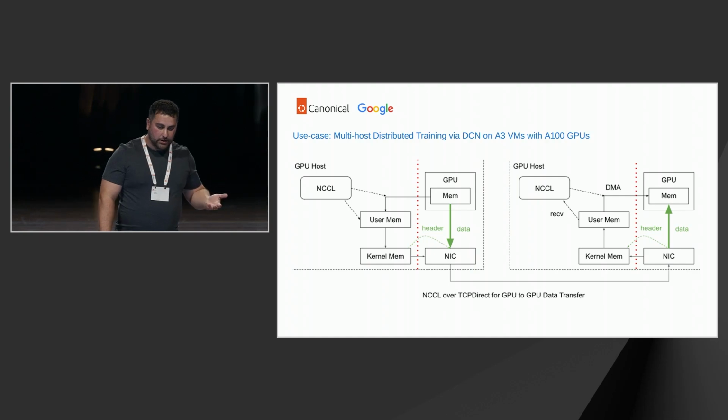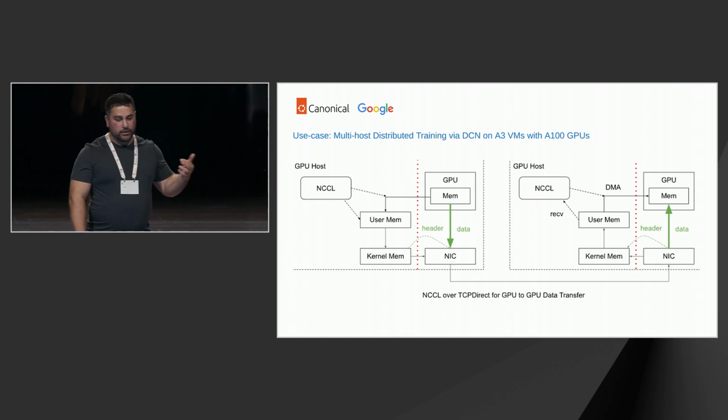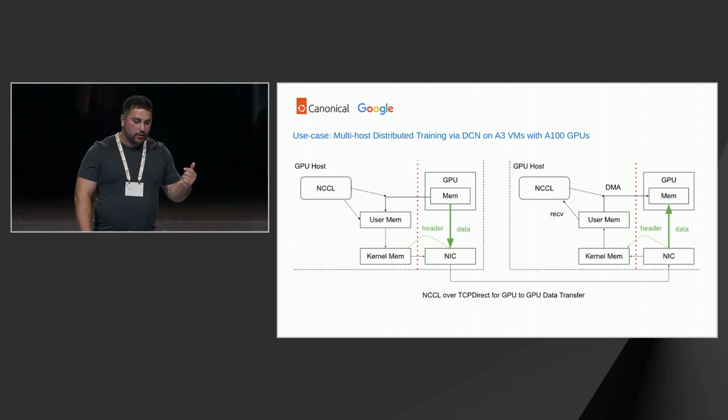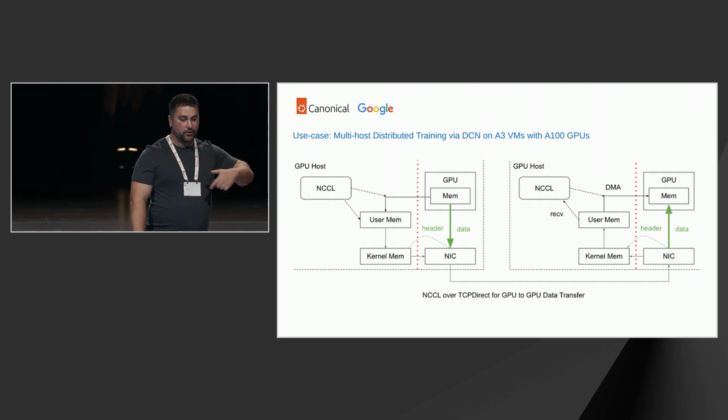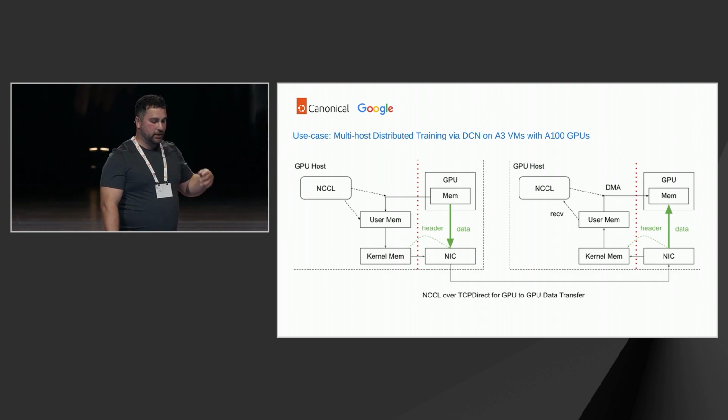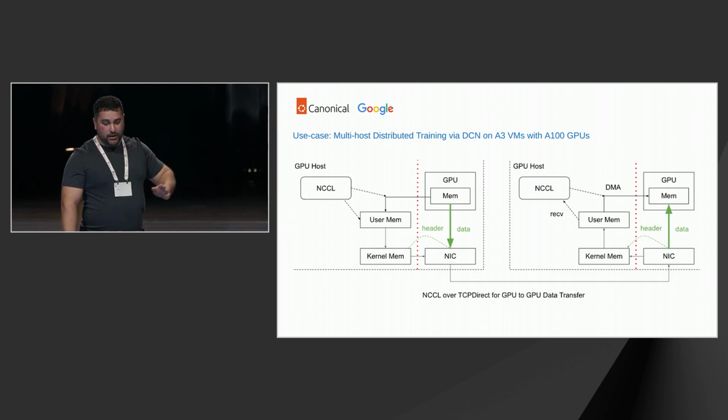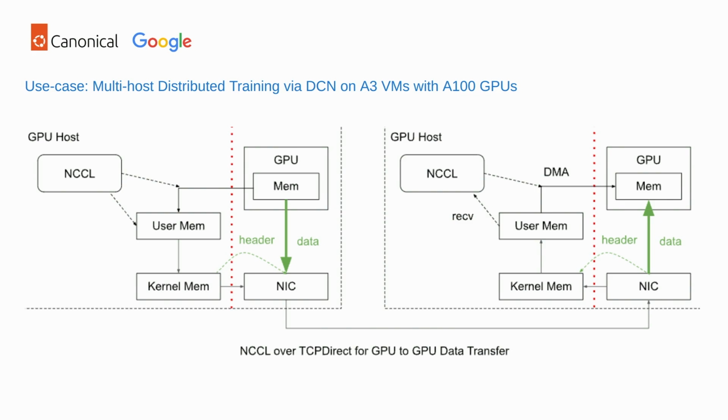Very similar discussion or design as we were seeing earlier, that you have NCCL, which is a GPU library, going through the user memory, kernel memory, and essentially what we are doing here is that the GPU memory is directly talking to the NIC rather than going back to the user memory and the kernel memory. So just the left side of this red dotted line is not being used. GPU memory is directly talking to the NIC, and on the right side of the right dotted line is where it's being received. So a pretty simple use case.